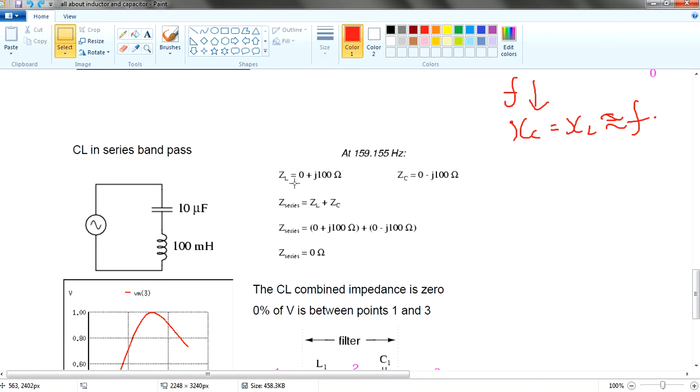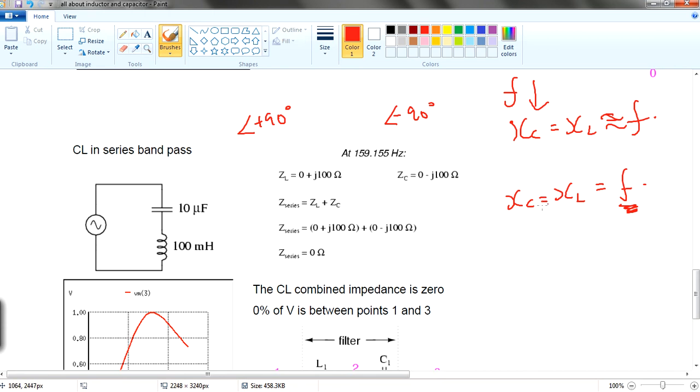If you remember, the inductor has a plus 90 degree phase, and the capacitor has a minus 90 degree phase. This explains why, in other words, XC equals XL. They share the same frequency.